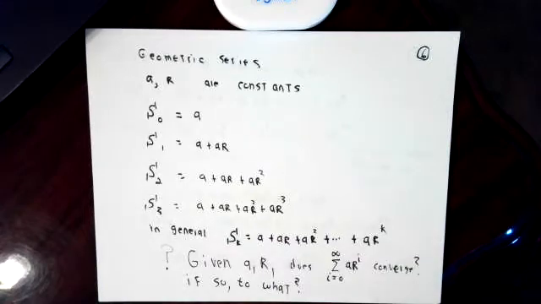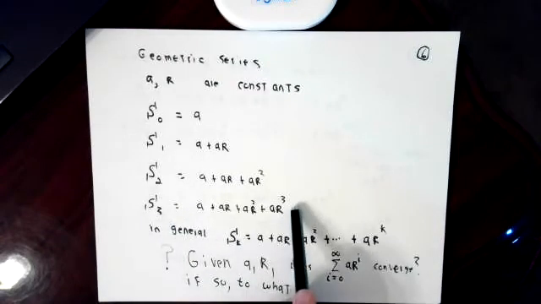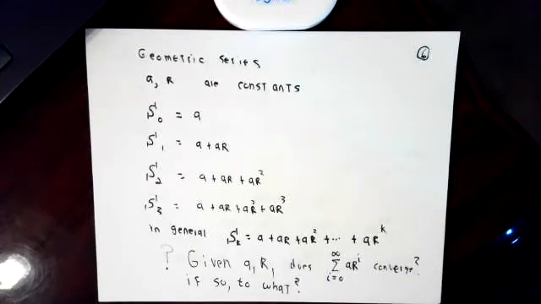It's obvious why I wanted to start indexing at 0. The index on the partial sum will match the highest power of r that shows up in the partial sum, so it's easier to remember. This r number is called the common ratio.